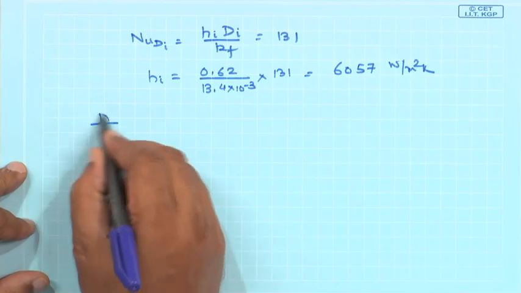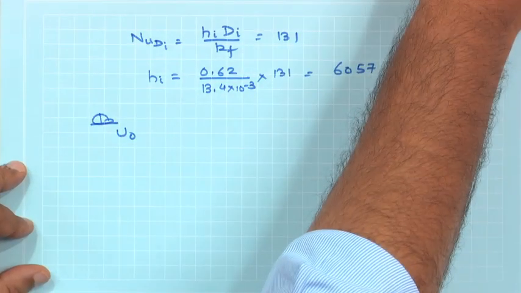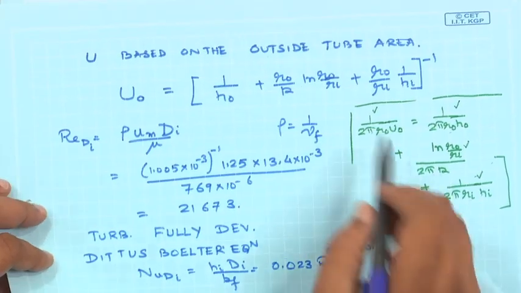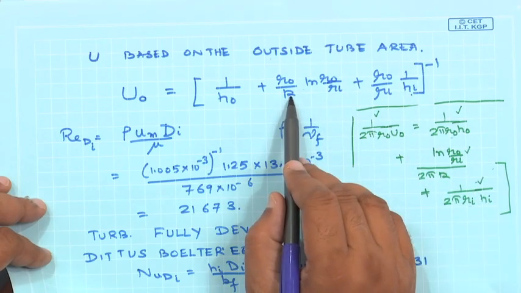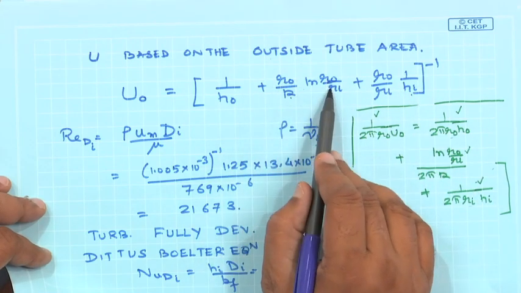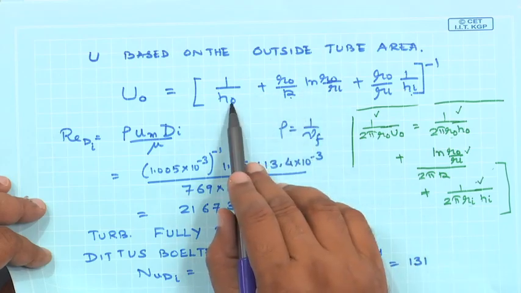So, what is U naught? Putting in the values, the only unknown here is h_i, because the thermal conductivity is known, the geometric parameters are known, h_o value is known.